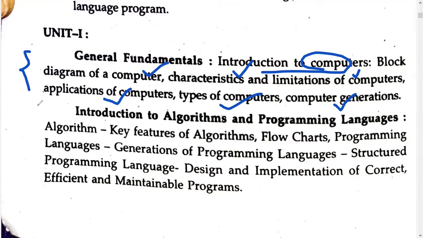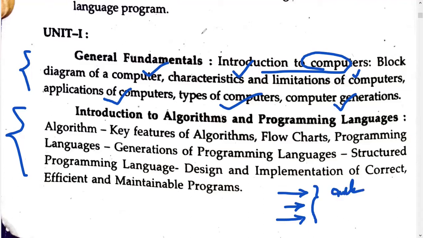Okay, so next part is introduction to algorithms. Algorithm is nothing but a step-by-step procedure. What is the instruction? Instruction 1, instruction 2, instruction 3. This is the step-by-step procedure where the computer understands the instruction, and following the instruction, it will execute a rule.